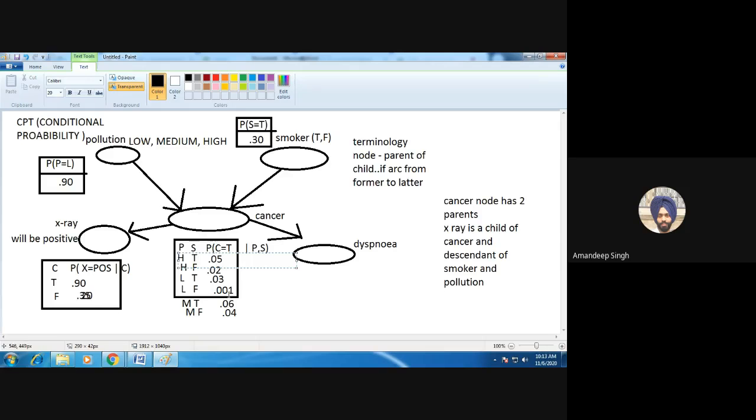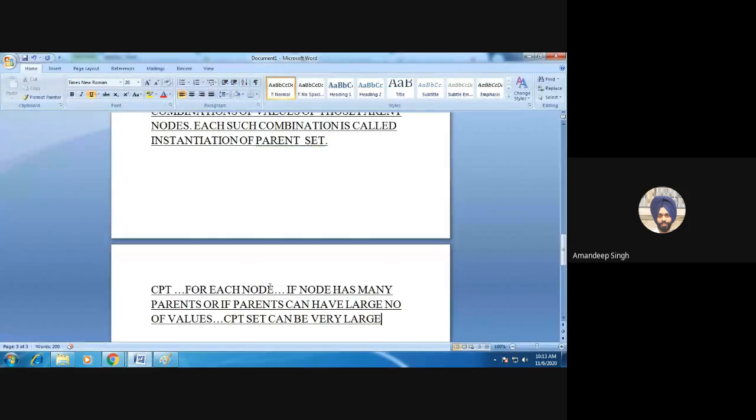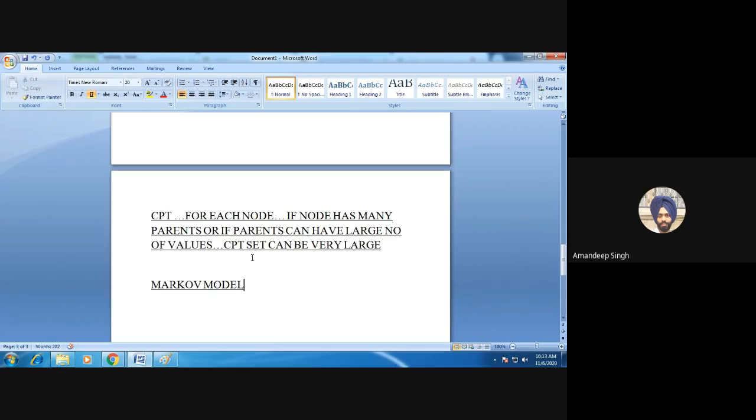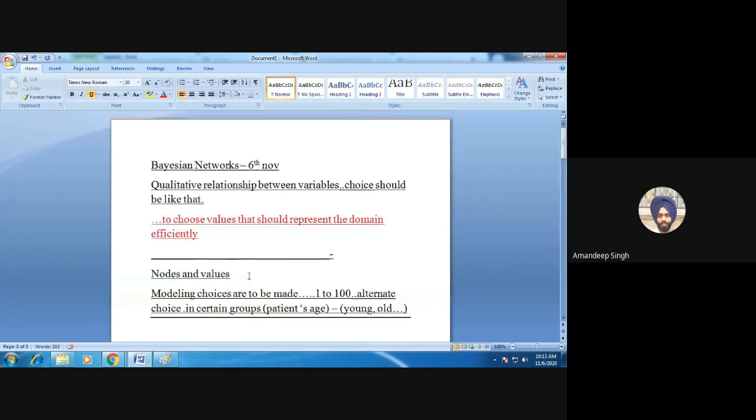So for covering that, Markov models come into the picture. We try to incorporate the Markov models for the given problems using these various probability theories. Fine. So we will see what this Markov model is and how we can use it with respect to our given problem.